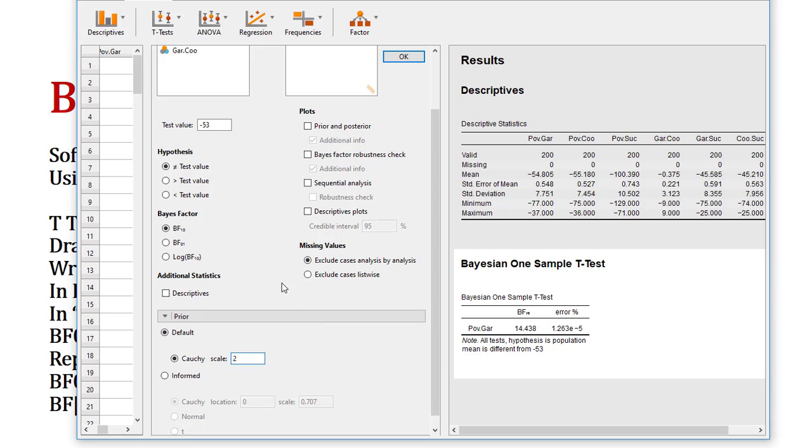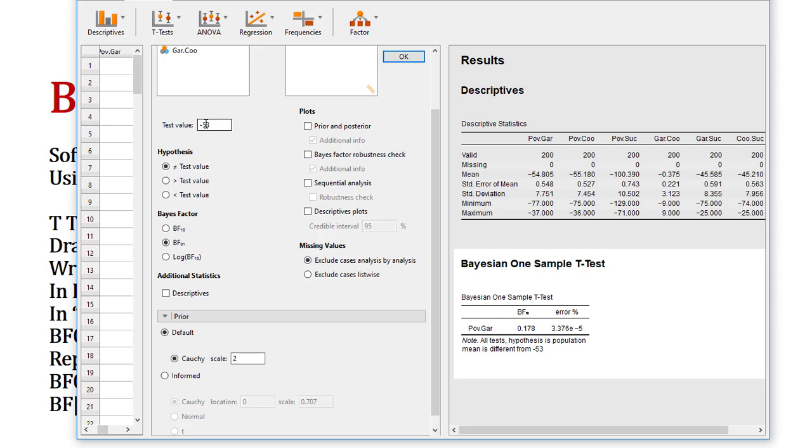One extra thing: I want to know the null over the alternative. Usually we want to know the alternative over the null, but in this case I want to know the null over the alternative. So let's tick BF01 instead of BF10. Okay, so we did minus 53 and we got a Bayes factor of 0.178.